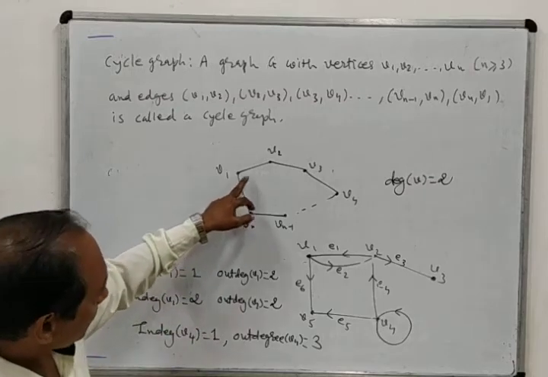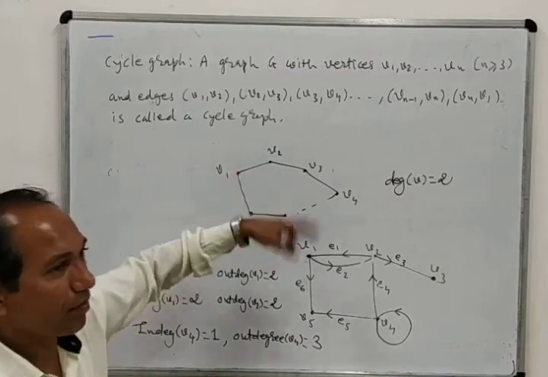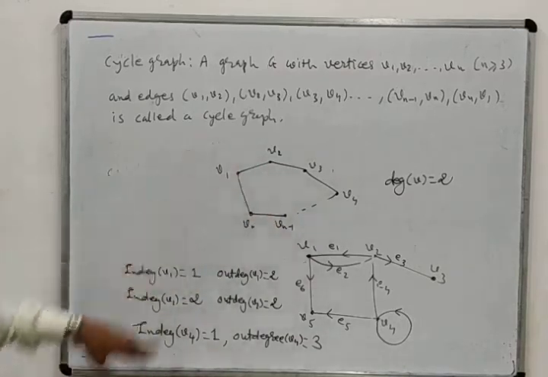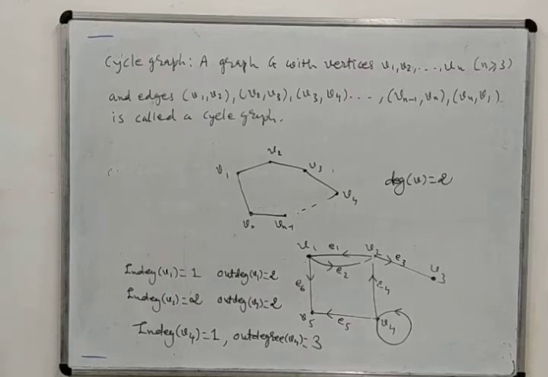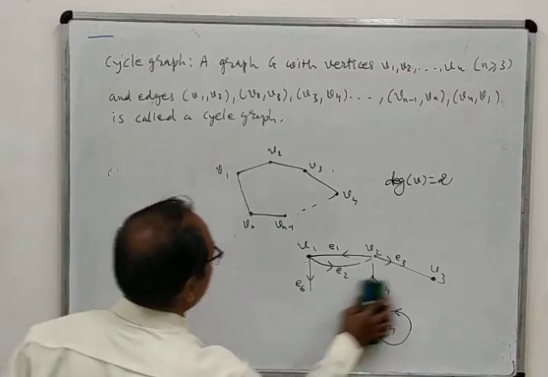And V1 is not connected with V4 or V3. They are forming a cycle, so they are connected in this way. So it is a cycle graph or cyclic graph. Sometimes we also call this a cyclic graph.